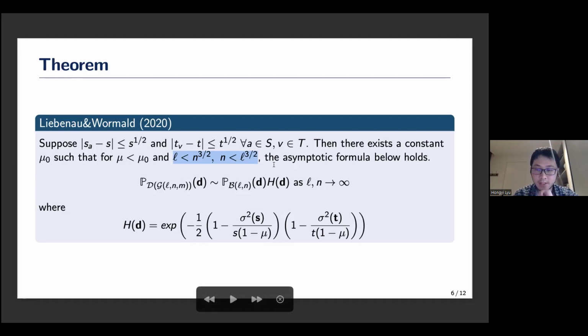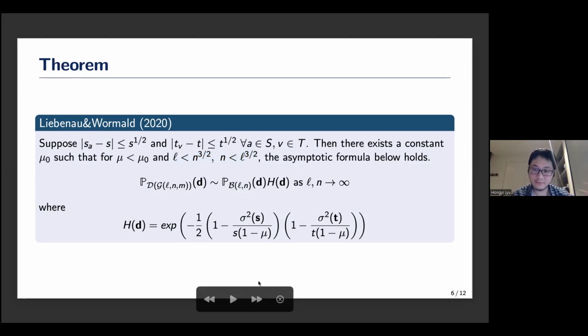And in our current work, we're able to further extend this condition to around at least L equals N squared, or N equals L squared. And here we have an asymptotic formula for the probabilities in the two spaces. If we multiply both sides by the cardinality of the space G, then it's going to give us exactly the desired asymptotic formula.